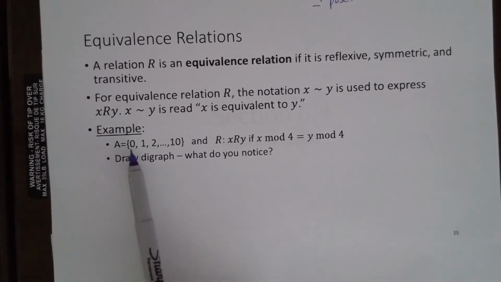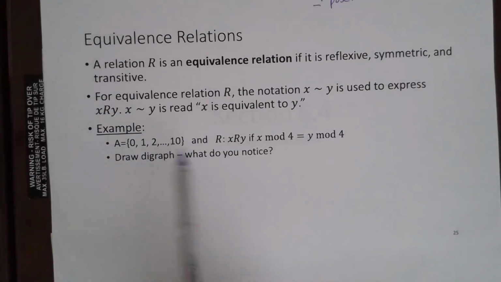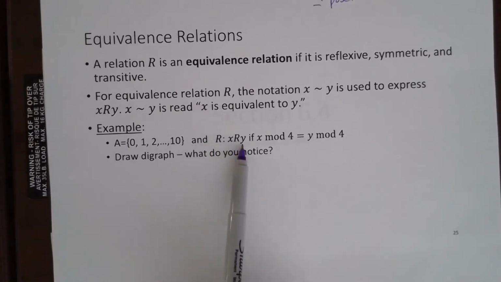All right, so let's look at an example. We have a set that contains the numbers 0 through 10, and we're going to define a relation R so that x is related to y if, now are you familiar with the mod operation? That's like the percent operation in C++ or Java, where you get the remainder.